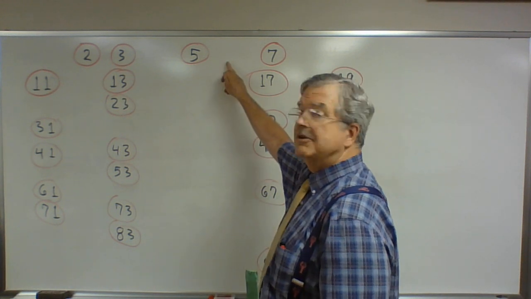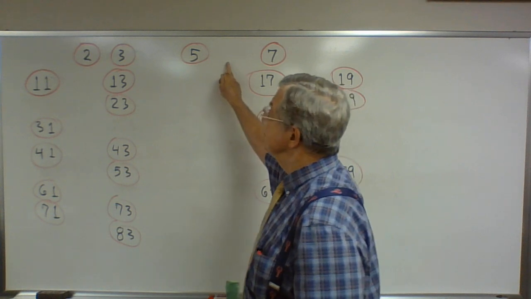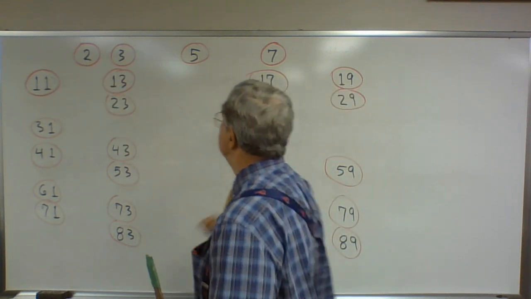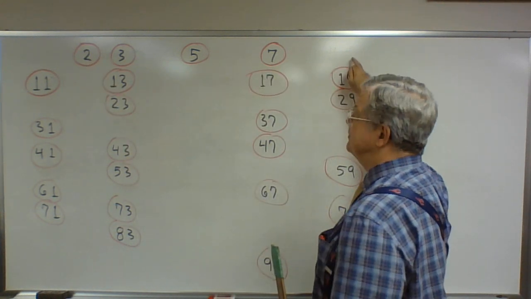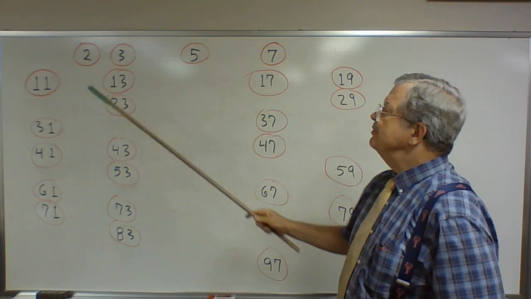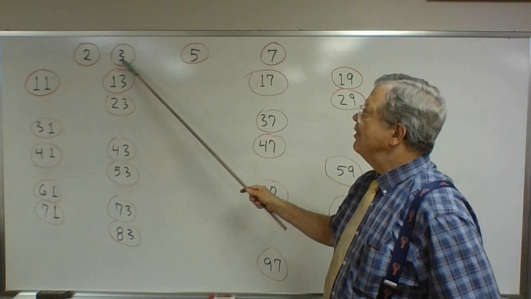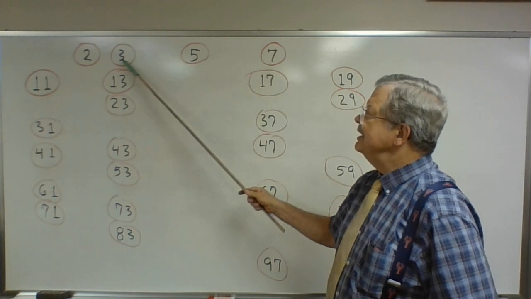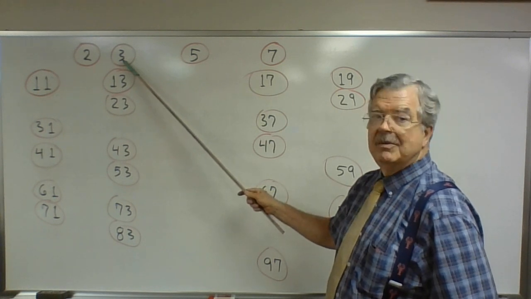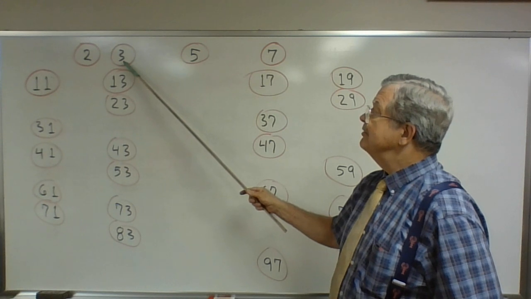It wasn't 6 because we eliminated 6 as a multiple of 2. It was 9. So once we got rid of all the multiples of 2, the smallest multiple of 3 that we had to eliminate that was still on the list was 3 squared.